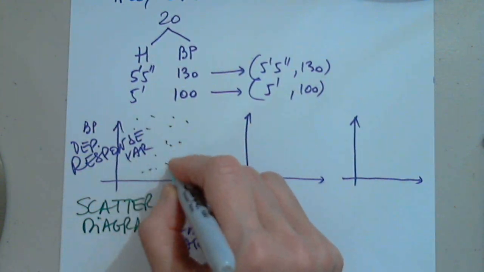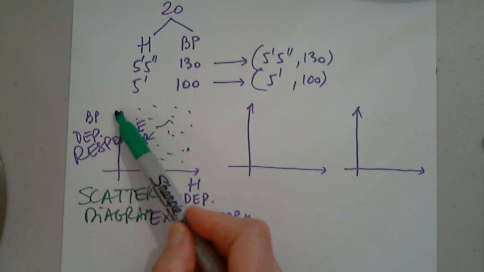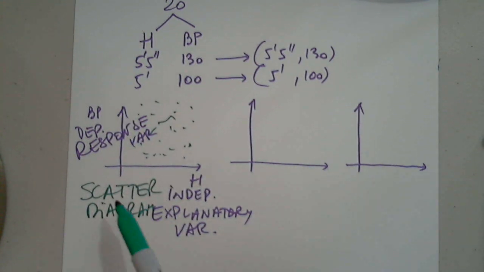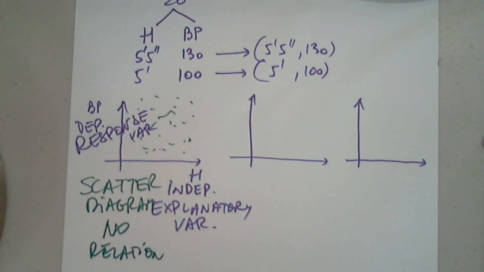These are my 20 points, or the pairs. Now I'm asking you, do you think there is any relationship, any association between height and blood pressure if this is the scatter diagram? No. No relation. It's all over the place.